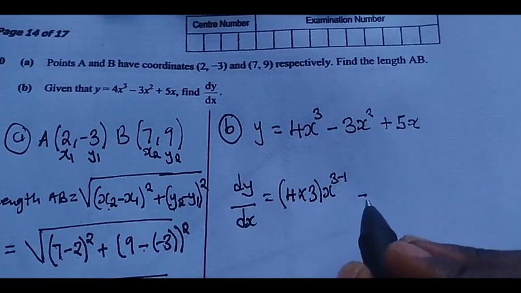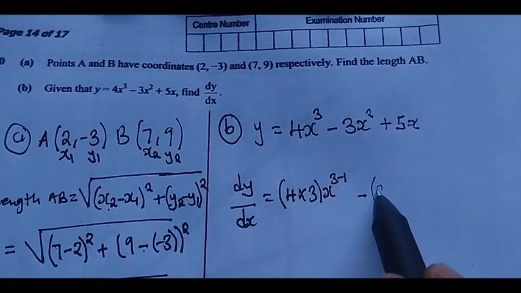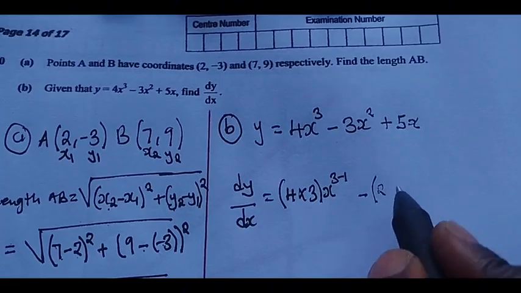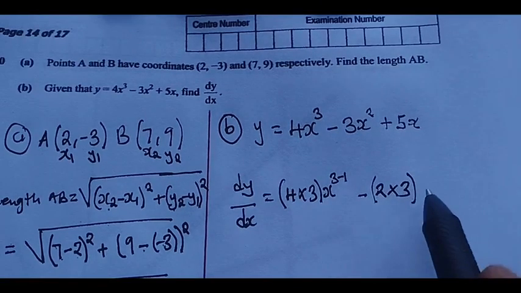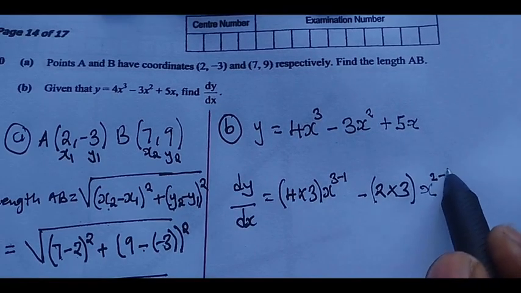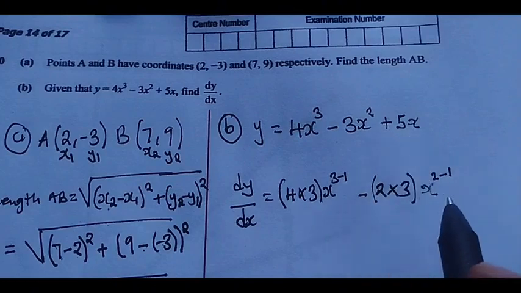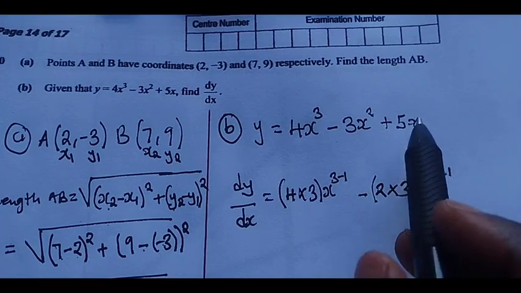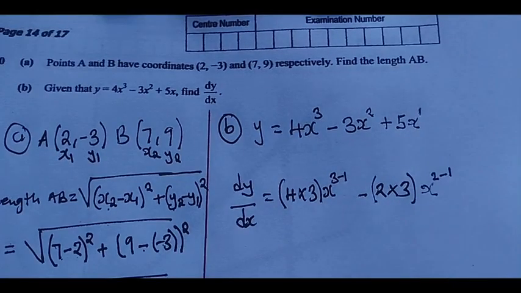Minus, again I'll say open bracket, 2 times 3, then you are going to have x to the power 2 minus 1. I hope that we are moving together. Okay, so from here we have plus 5x. So here this x is having a power of 1, but it's fine even if it's written x. You understand that here there is a power of what? Of 1.